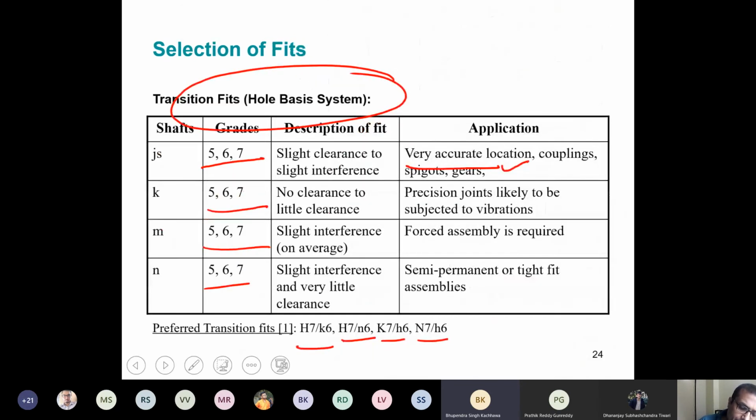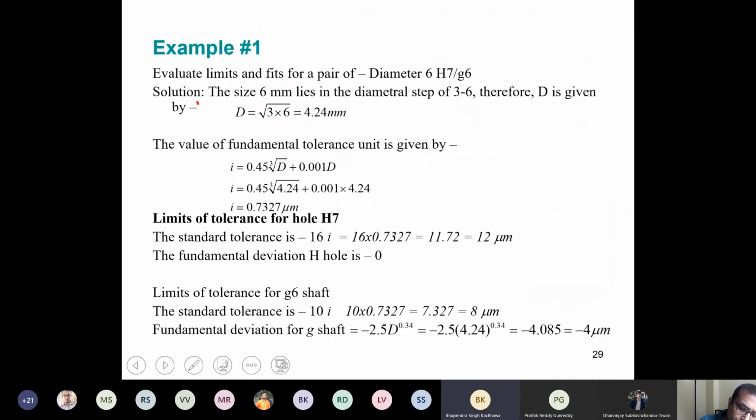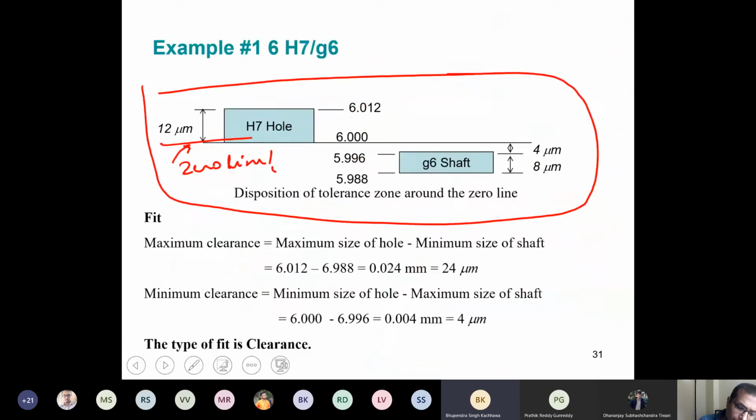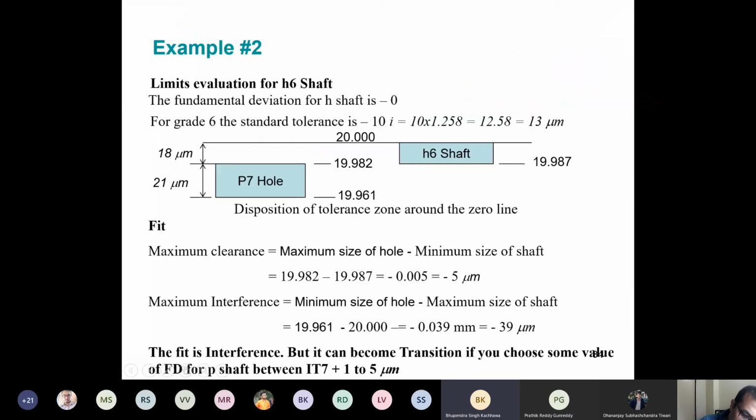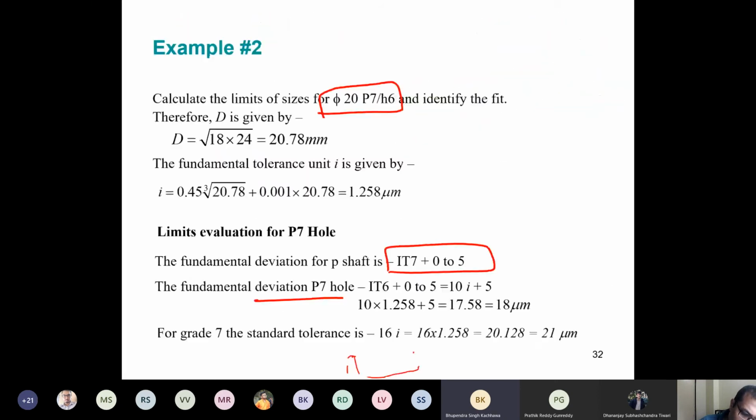So basically the fundamental deviation of P shaft is IT7 plus 0 to 5, which we saw in the table. But now for P7 hole it will be IT6 plus 0 to 5.